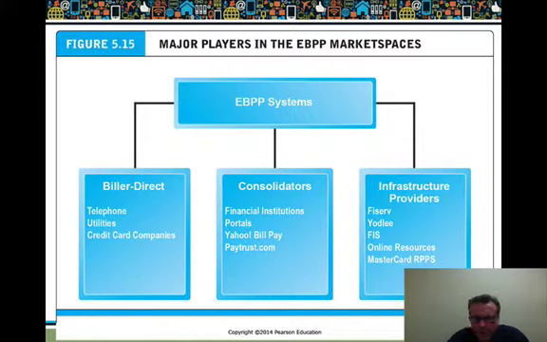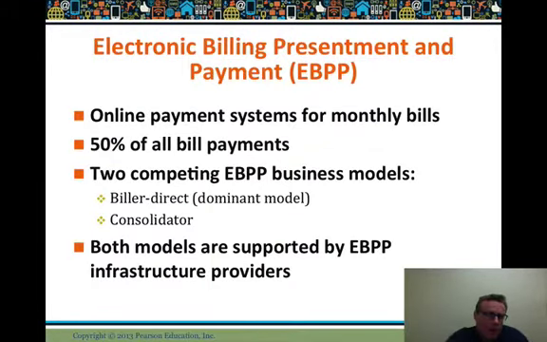So a little bit of setup there, but consolidation, single screen, single sign-on once you're all set up and approved. So a lot of bill payments are done online, 50%. The statistics say today for electronic bill presentment and payment.